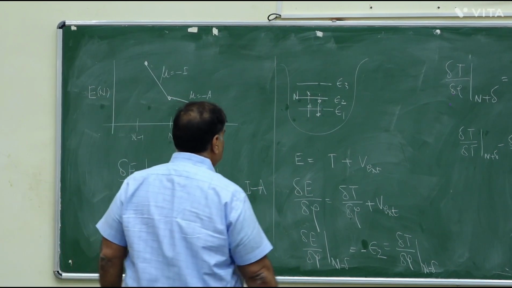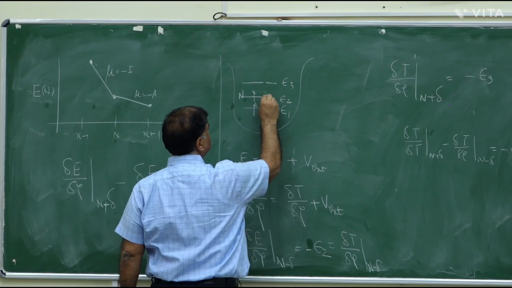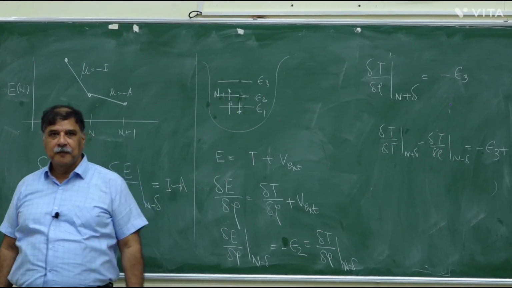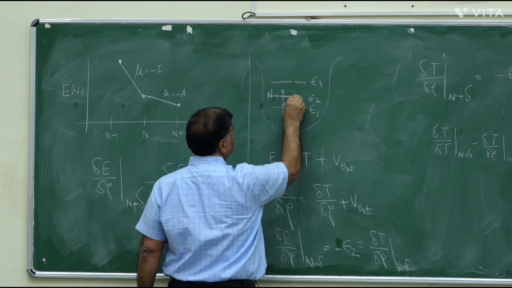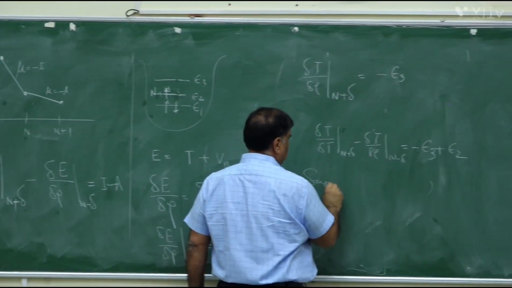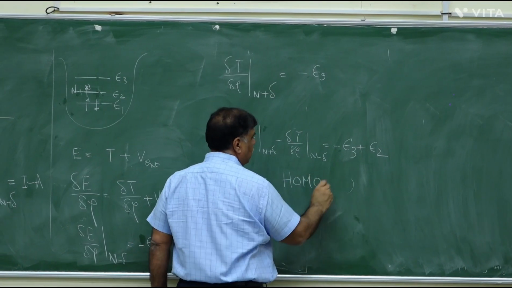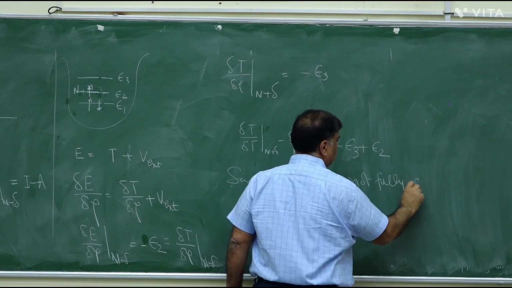Right? What would be the derivative discontinuity if this was n minus 1 particles? I'm expecting an answer from you. Suppose the last orbital was not filled. Suppose the highest occupied molecular orbital is not fully filled.